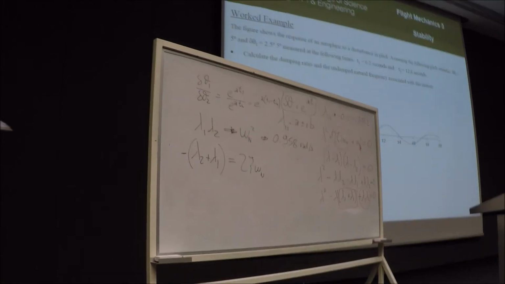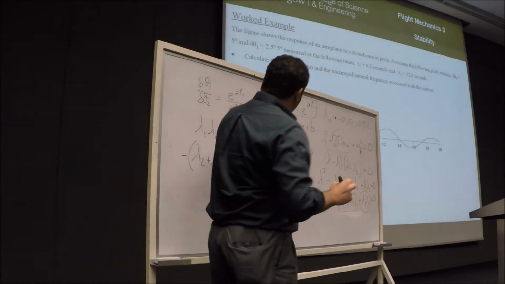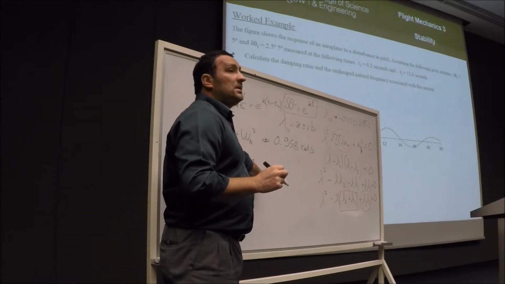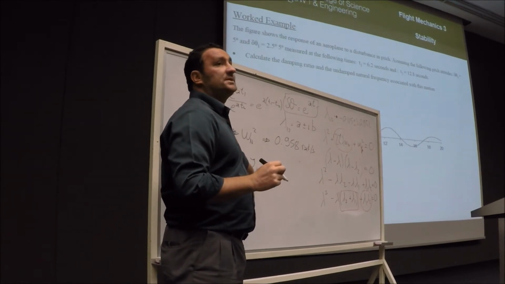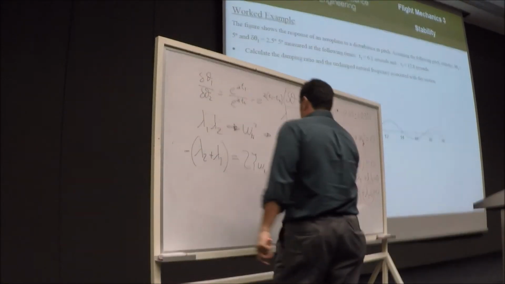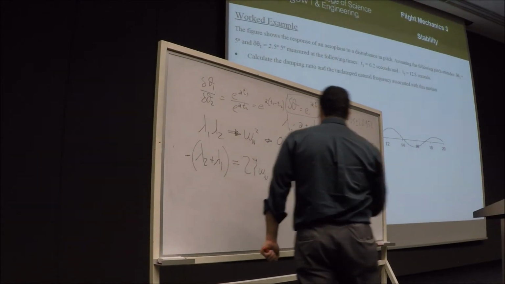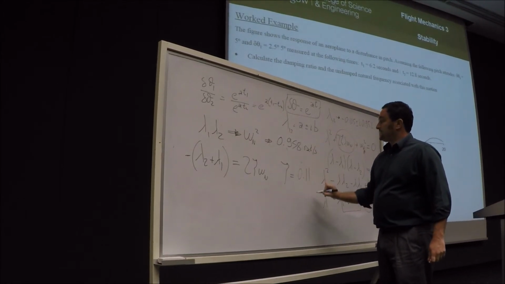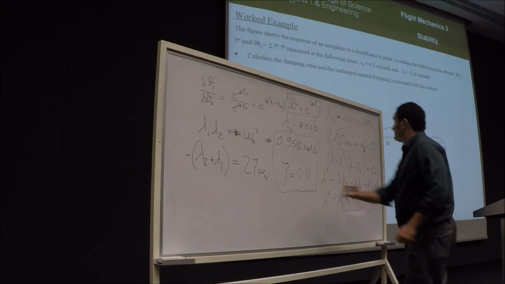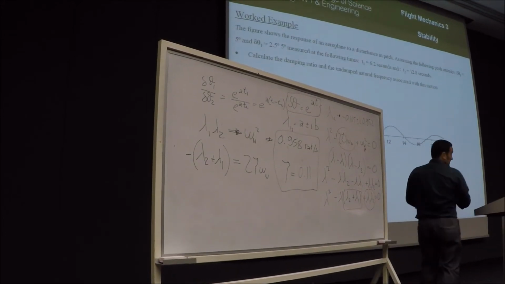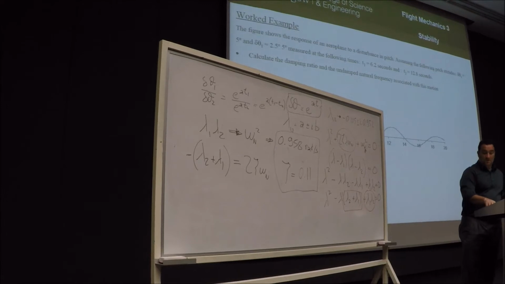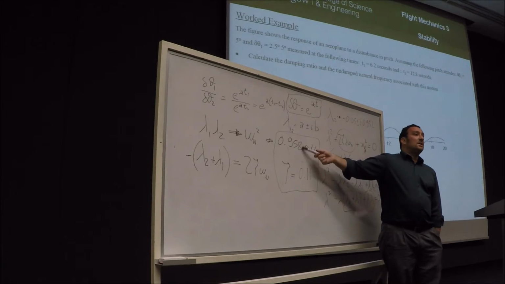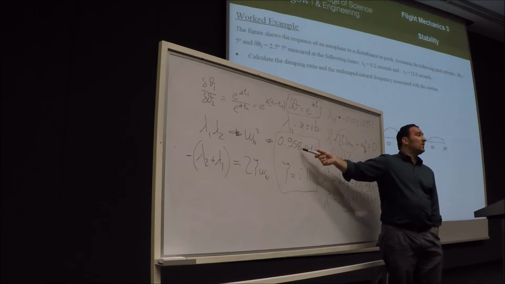So we find the value of omega n from the previous equation, substitute it into here, and we find the value of the damping coefficient, C. The damping coefficient is 0.11. So damping coefficient, undamped natural frequency of the motion.